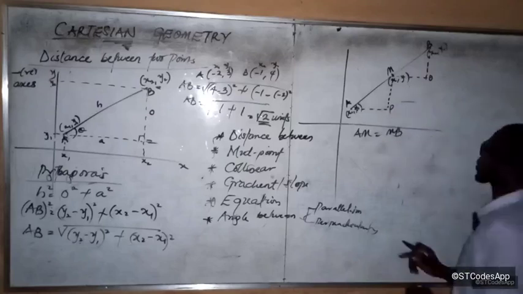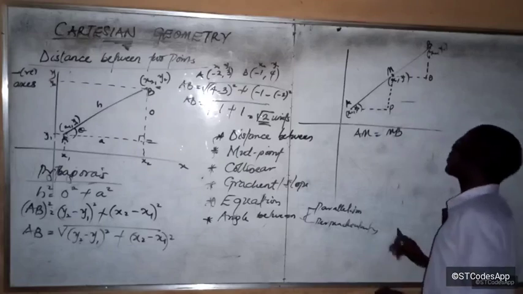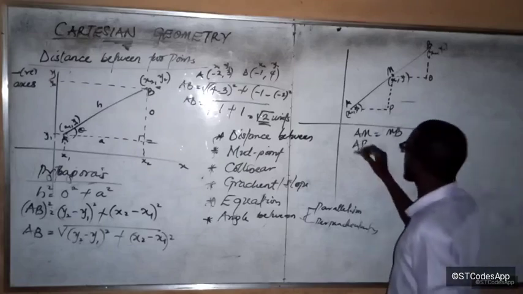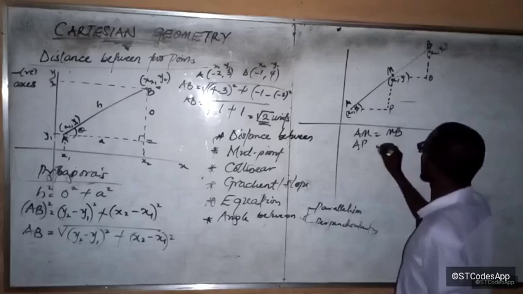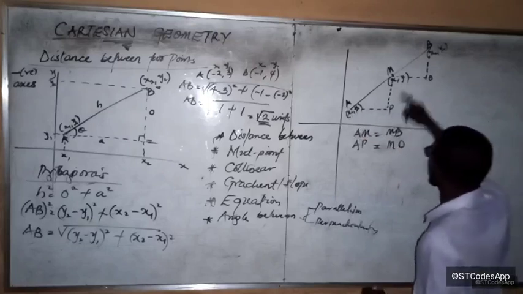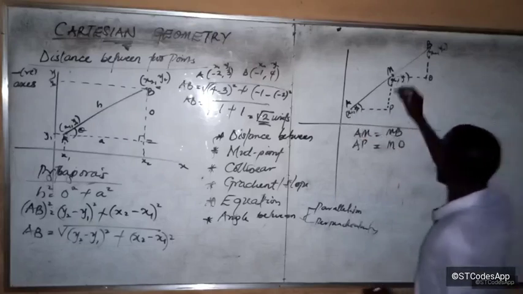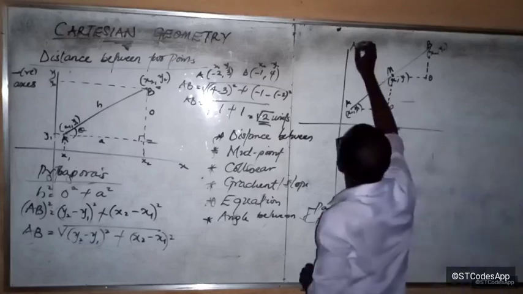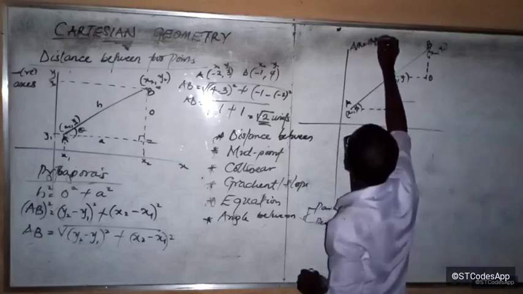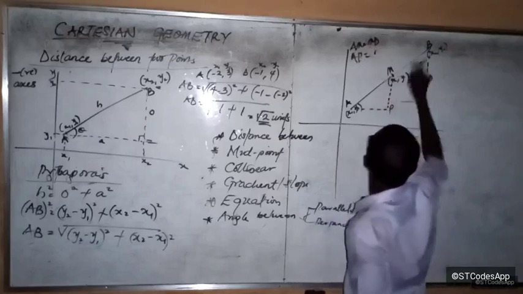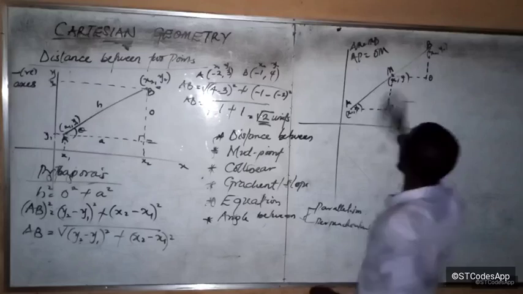Is that okay? Since that is the case, you will also agree with me, therefore, that the distance AP should be equal to what? MO. This distance AP should be equal to MO. So let me write this. I said since AM is equal to MB, AP should also be equal to OM, right?